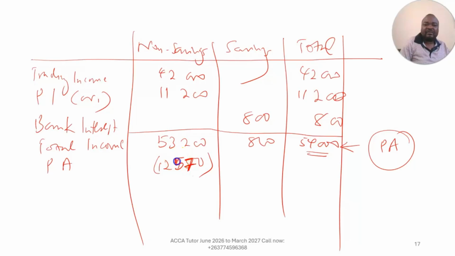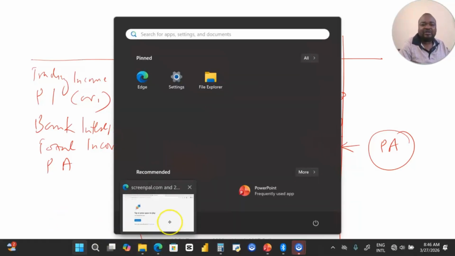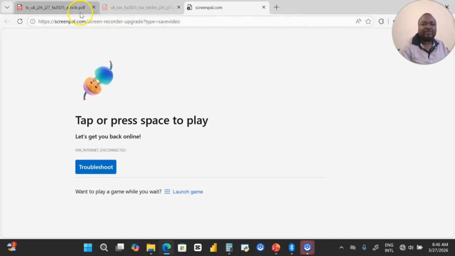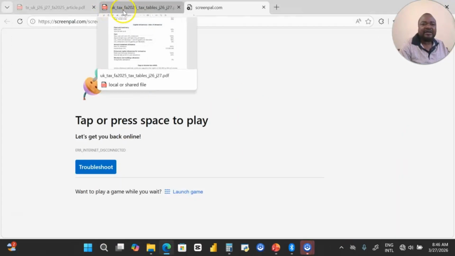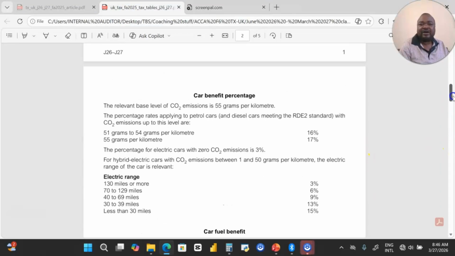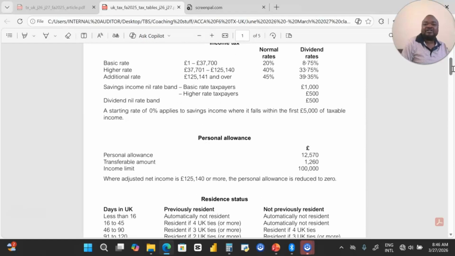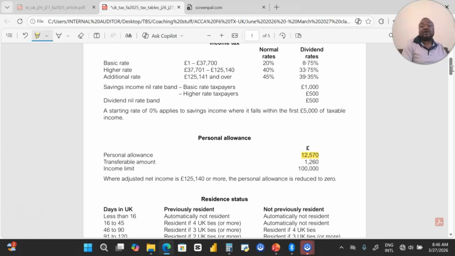But you can verify from the tax tables. I'm scared that if I make unnecessary movements here, I'm going to disturb my computations, but we need to verify. It's actually 12,570. That's the personal allowance I am talking about.